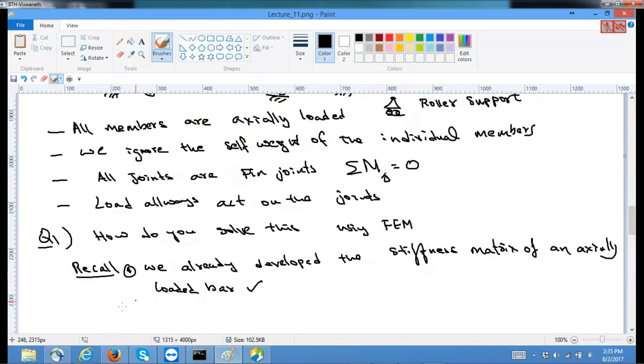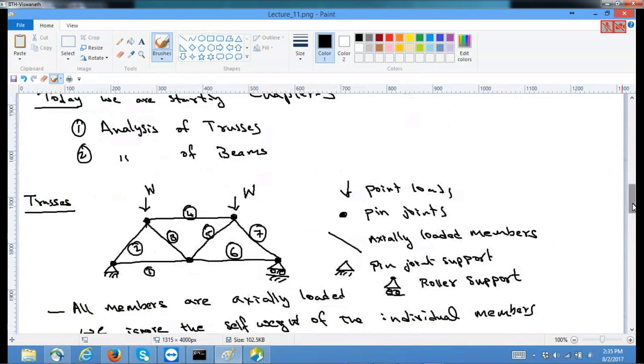But even though we have this, we cannot directly use it. Why? Because we have developed a bar element of this type. How do you model this bar? So the sub question is: if I take this member, how many elements do I need to divide each member into? Is it 10?